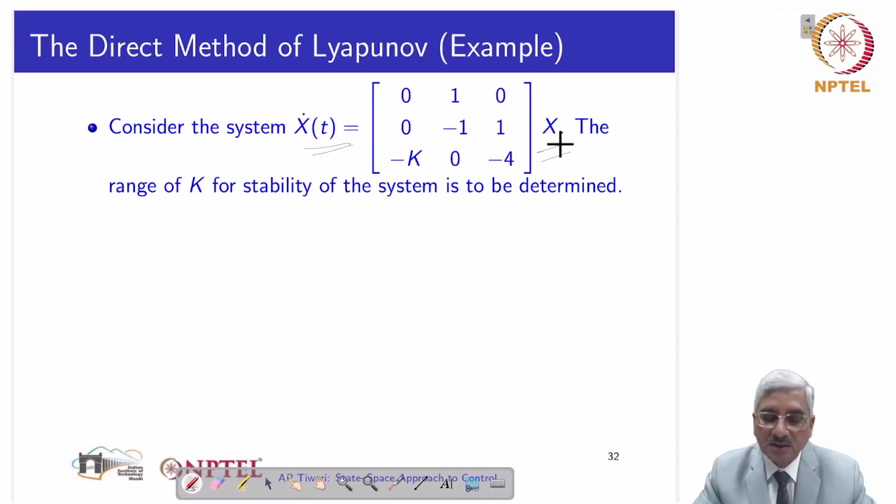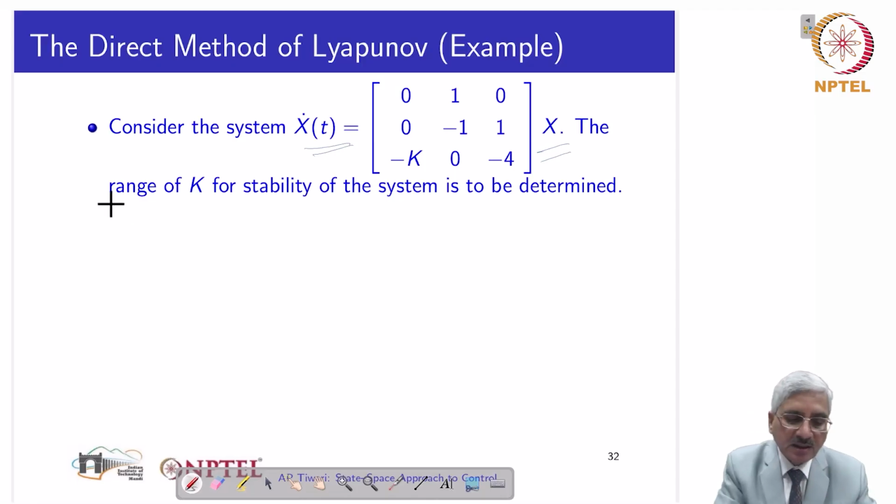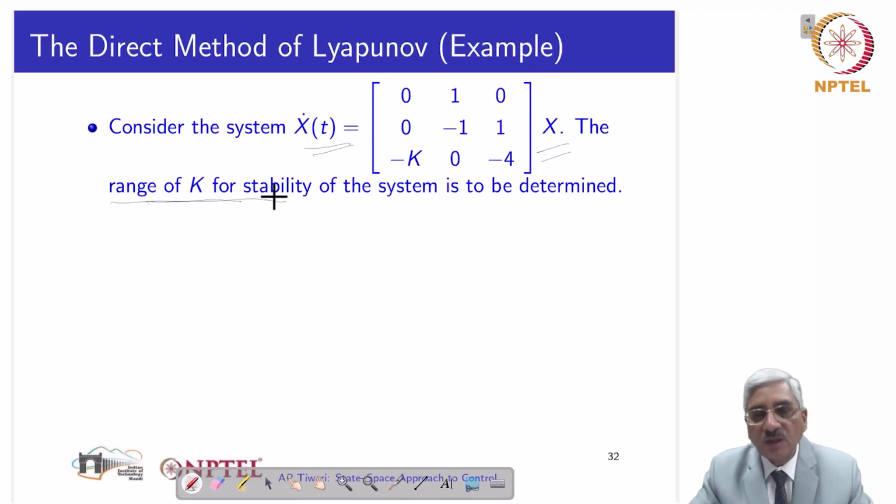The same example is also given in the book by Franklin, Powell and Emami-Naeini. So please see that. But to just demonstrate the concept, let us consider this linear system. And we have to determine the range of K for stability of the system.